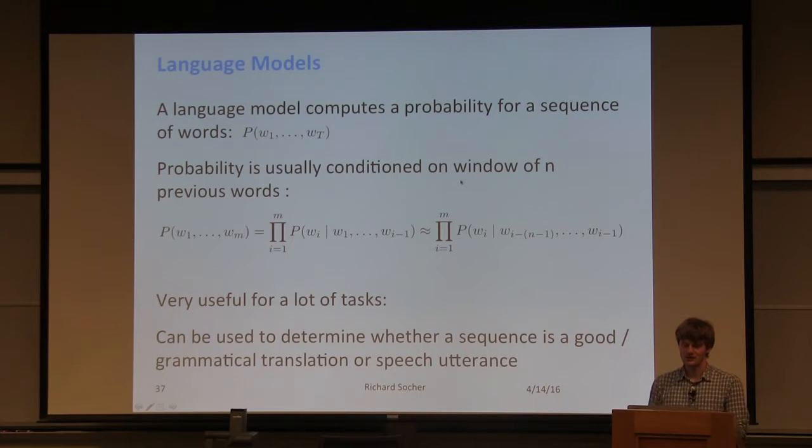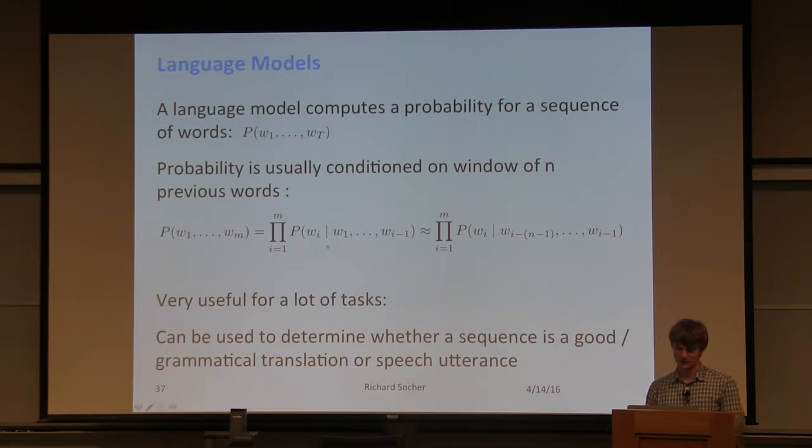So what you'd usually do is condition on some window of previous words, because it's hard to compute the probabilities for all possible sequences. There are way too many, and you can't even keep around the counts for all possible word sequences in a language.